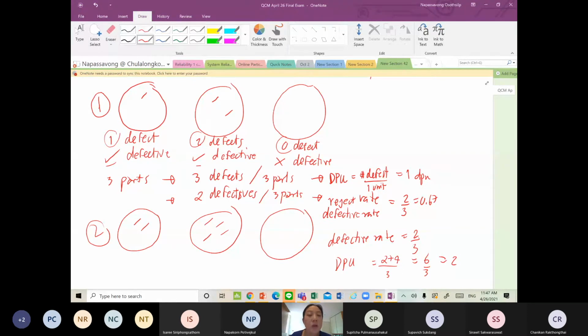So in the 2 situations, you have the same defective rate, but different defect rates. So defects and defective are not the same thing. You have to be careful when you talk about defect and defective. You have to be very sure that you consider defect or defective.